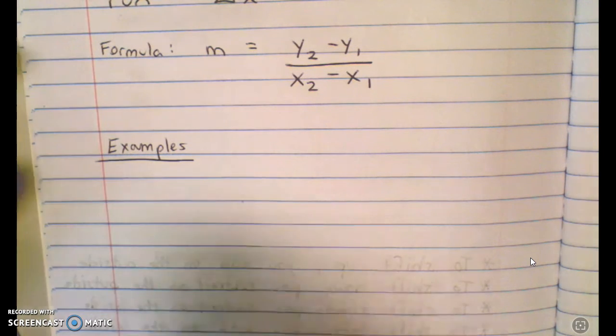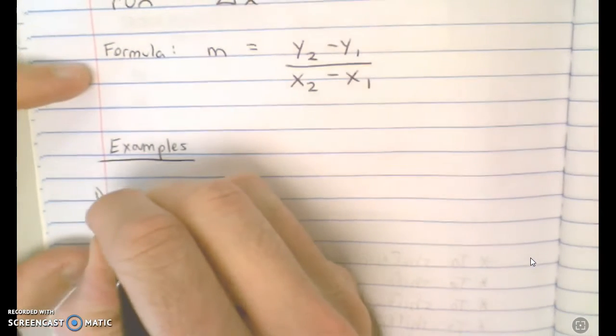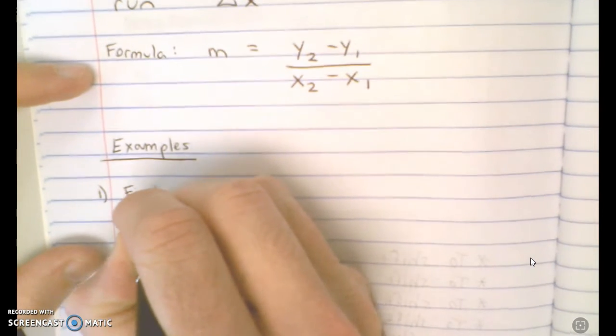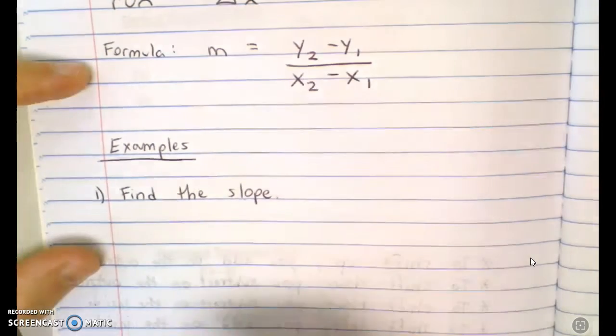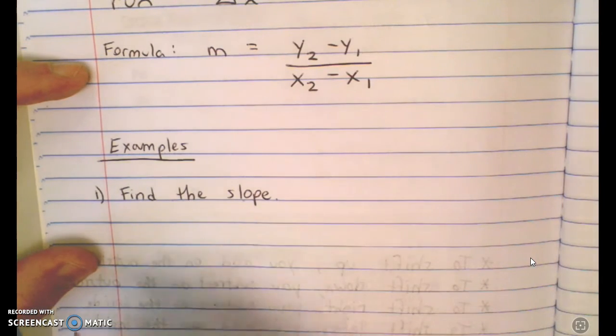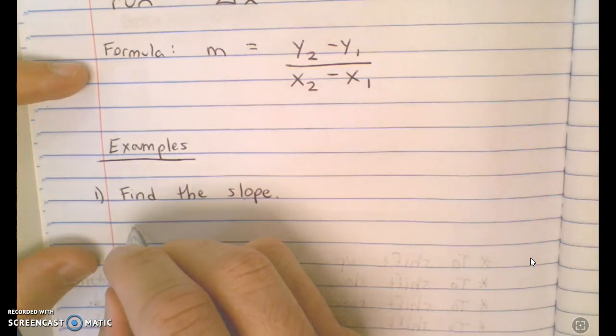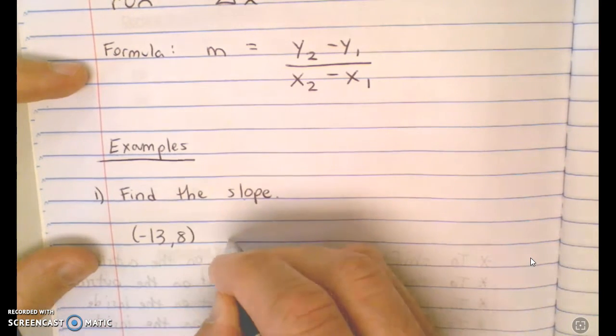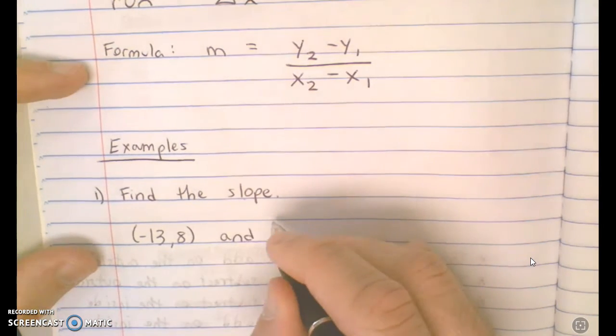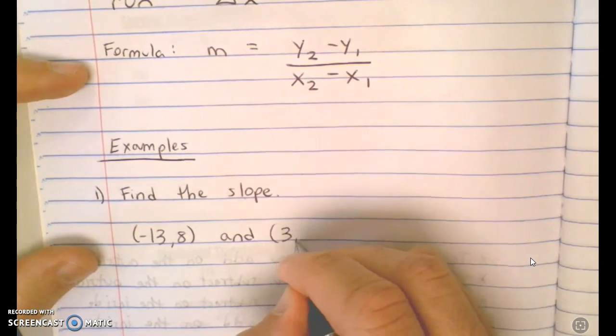So let's say I give you these 2 points, and I ask you to find the slope. The first point is negative 13 comma 8, and the second point is 3 comma 12.